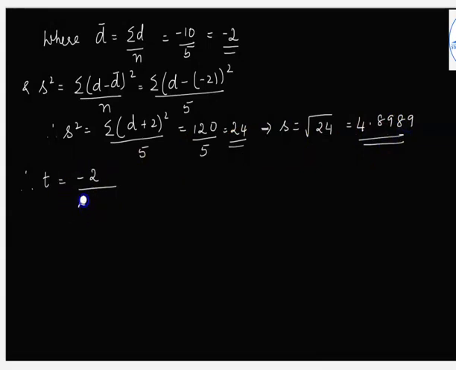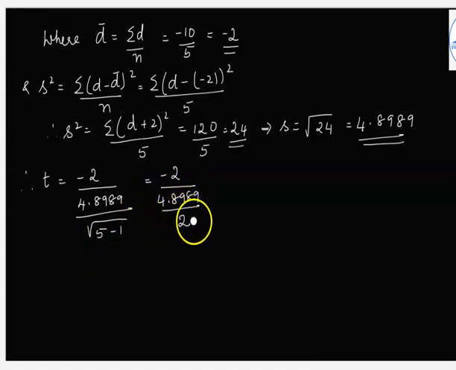So in the denominator here you substitute 4.8989 divided by root of n minus 1, which is 5 minus 1. So which is equal to minus 2 divided by 4.8989 divided by root of 4, which will be 2. So on simplification we will get minus 0.8165.